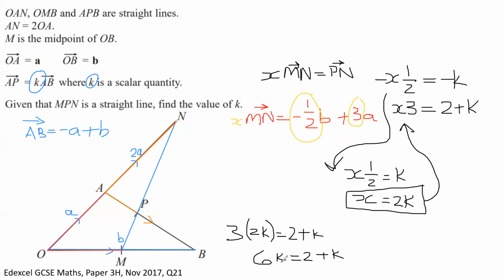Now, if we subtract k from both sides, we're going to end up with 5k equals 2. We can divide both sides by 5 and we get 2/5. So we've got an answer of k equals 2/5.